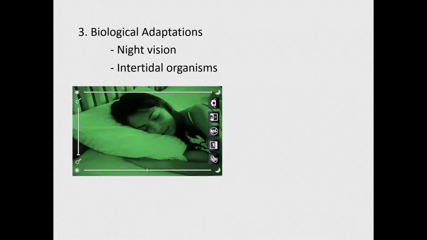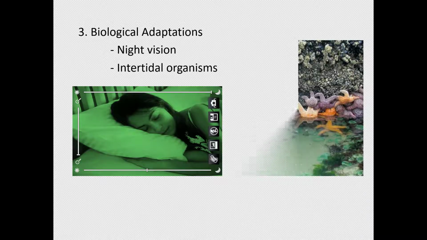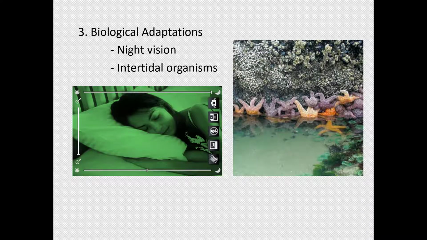There are other organisms that have adapted to live in between high tide and low tide where very few organisms can live. And so that again gives them a biological advantage of not being eaten nearly as often. So intertidal organisms are organisms that are sometimes living underwater during high tide and sometimes living above water during low tide. And that includes things like clams and sea stars and barnacles, mussels, limpets.